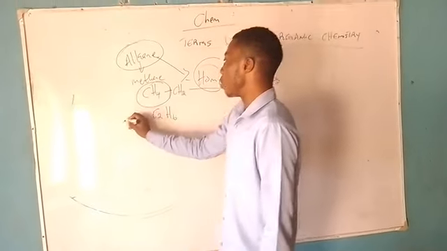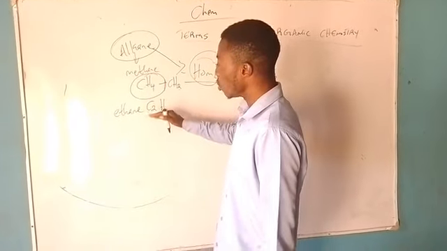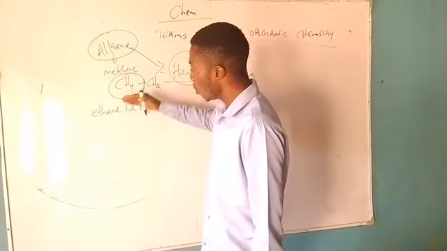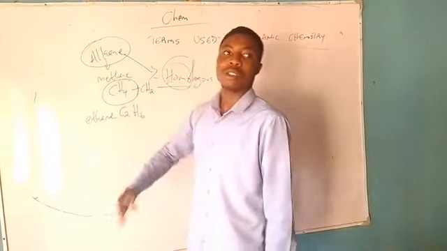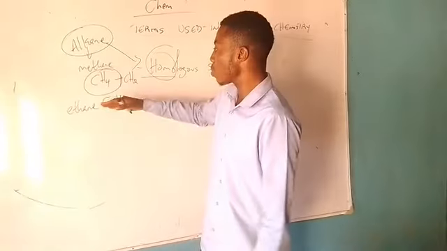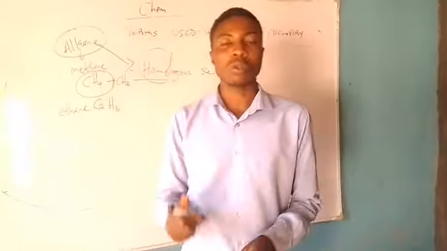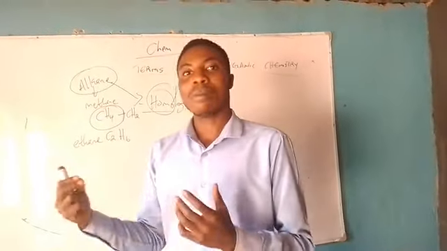So this one is now ethane. You do the same thing to get the next member: you get propane, you get butane. That is how you do it. So that is the successive member. They follow a pattern. So that is about homologous series.